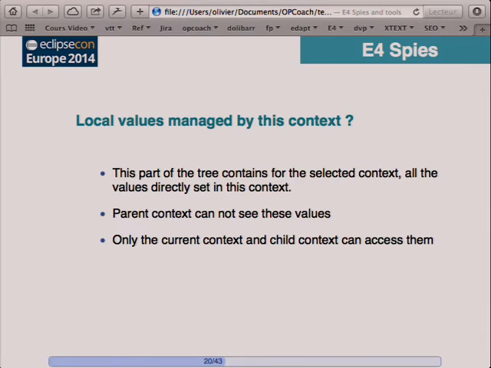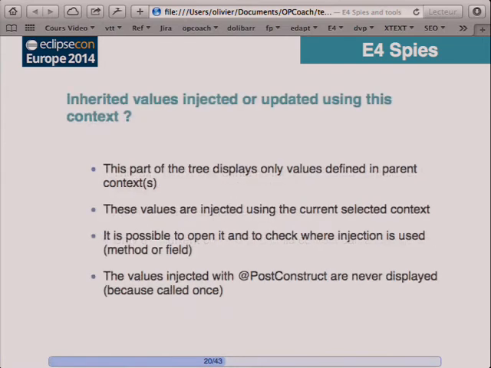So, of course, we will put the global values in the top level context. And in local values, you will have values that can be injected at this point or in the children. It's automatically displayed depending on the place of the values anyway.